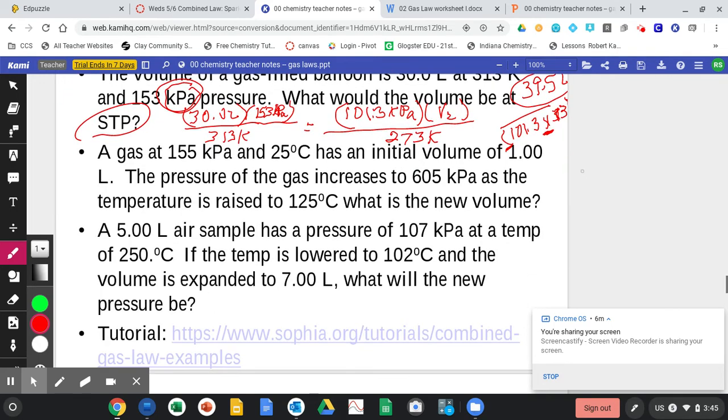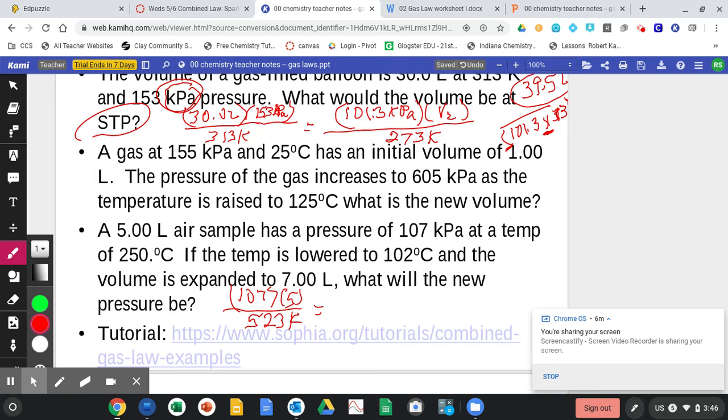And then my last problem, I have 5 liters of air at 107 kPa. And I got 3 SIGs working so far. I have 250 degrees Celsius, which I add 273 to that and get 523 Kelvin.